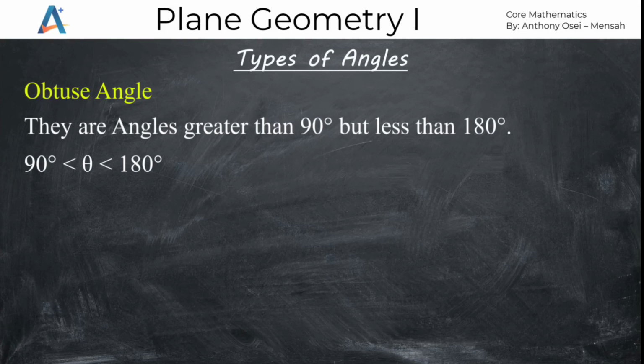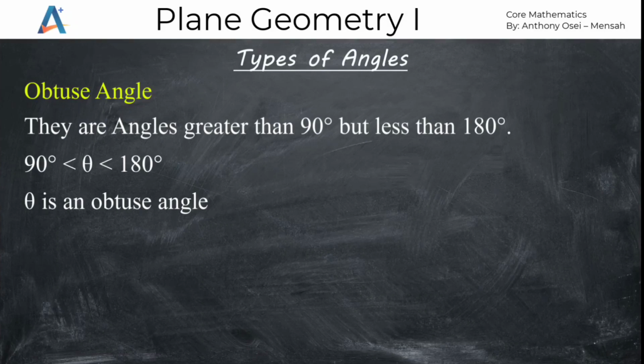The range of angles that form obtuse angles does not begin from 90 degrees, so we should note that, but begins above 90 degrees, and does not end on 180 degrees, but ends close to 180. That is to say, the range can be represented in mathematics as 90 degrees less than theta, theta less than 180 degrees. That means that theta is an obtuse angle.